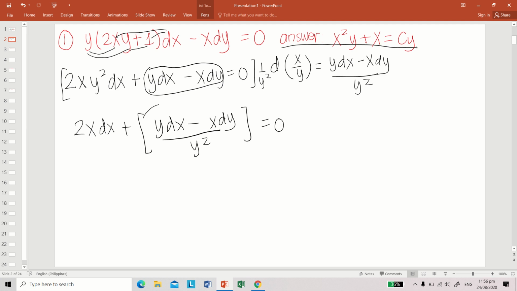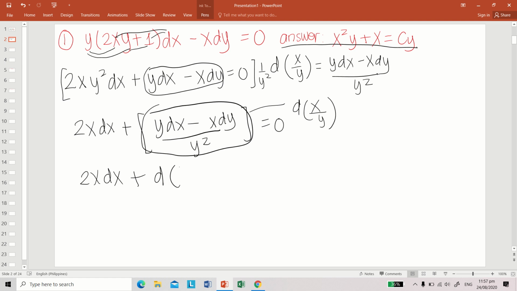So this term here will become the differential of x over y. So by doing that, we will have 2x dx plus the differential of x over y is equal to 0.